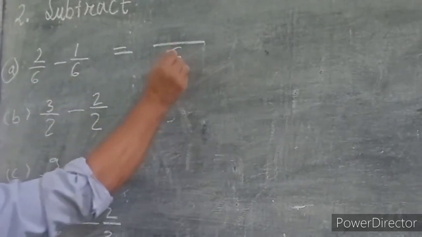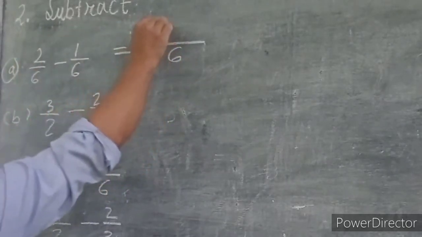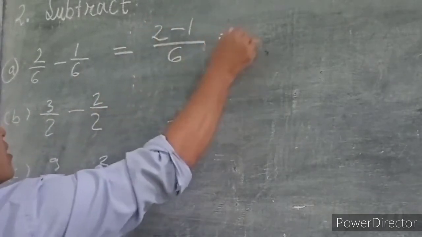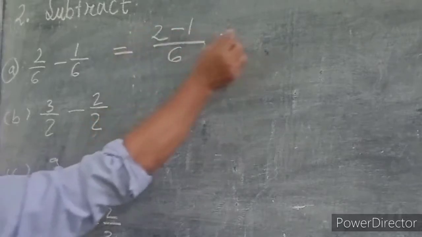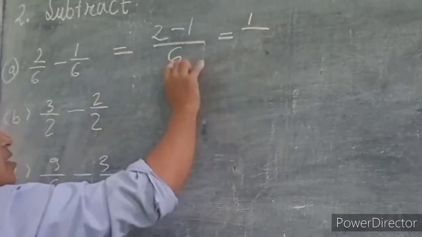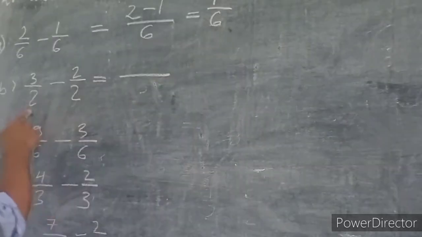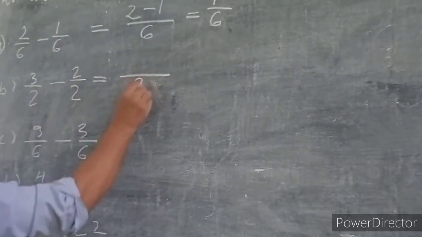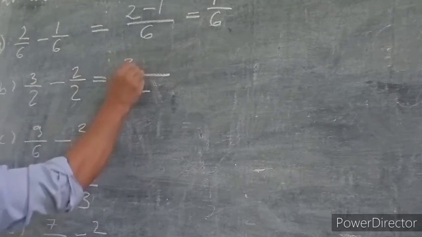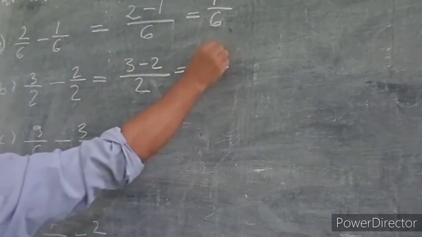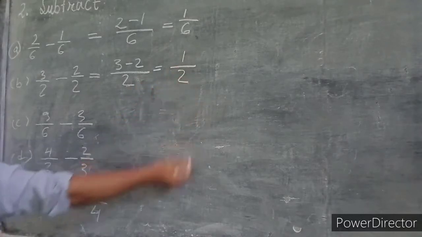So you write here 6, and here 2 minus 1. If you subtract 1 from 2, you get 1 as your difference, and 6 will be here. Again, we have common denominator 2, and 3 minus 2, the difference is 1, so 1/2.